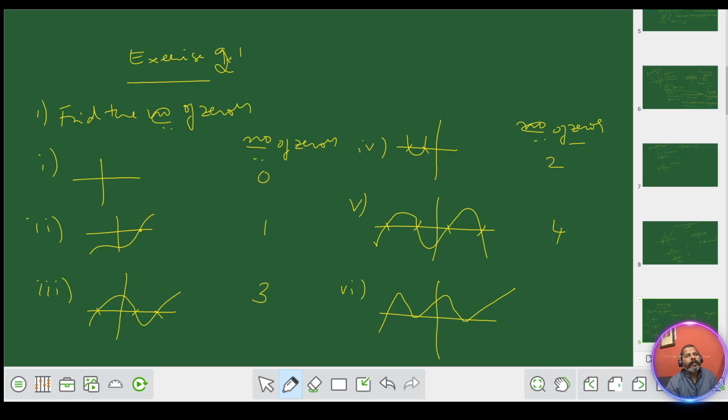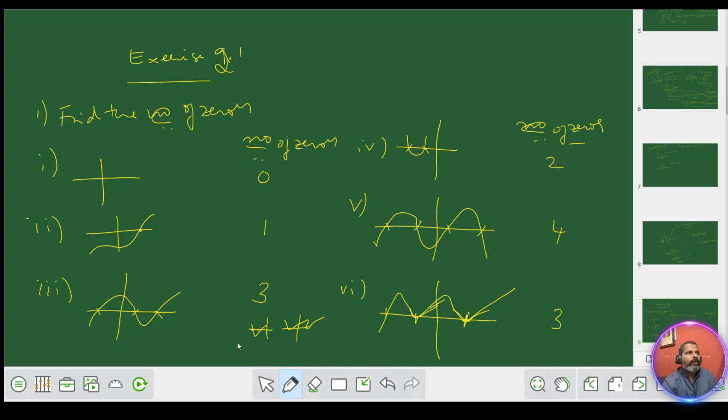This is just one point here, not below. I'll rub this. So how many intersects has it made? This is one intersect, this is again one intersect, and this is one intersect. So 3 zeros. If it had come down like this, then it would be 2 intersects.